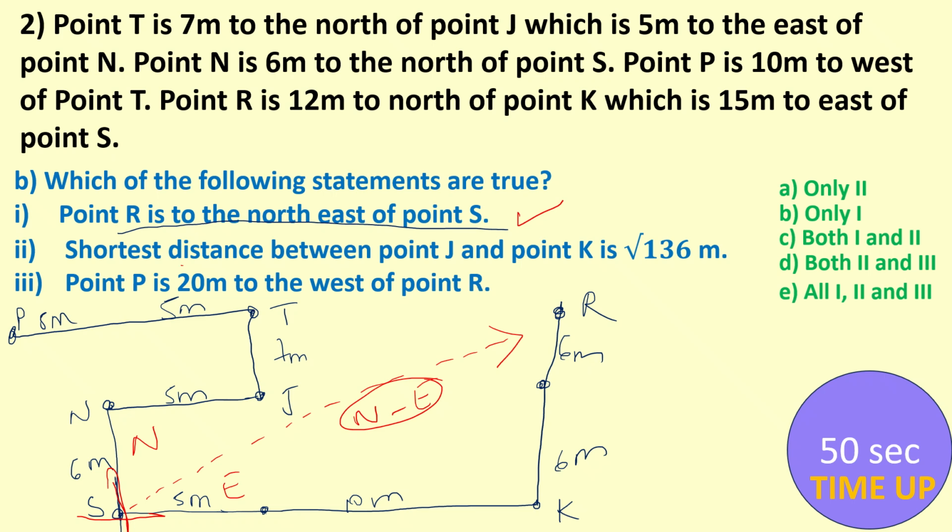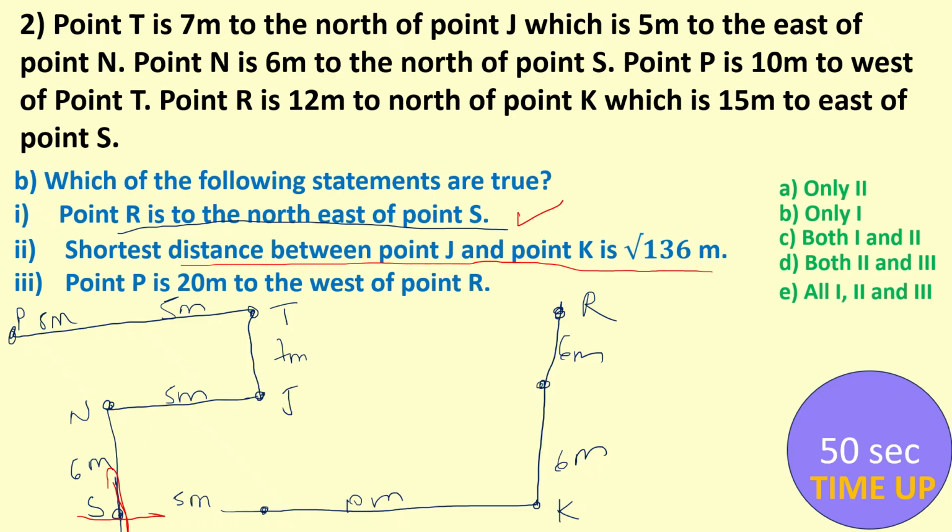Second, they are saying the shortest distance between point J and point K is root of 136 meter. We'll have to check with the Pythagoras theorem now. This is the distance they are asking, point J and point K. So this is your right angle triangle, correct?